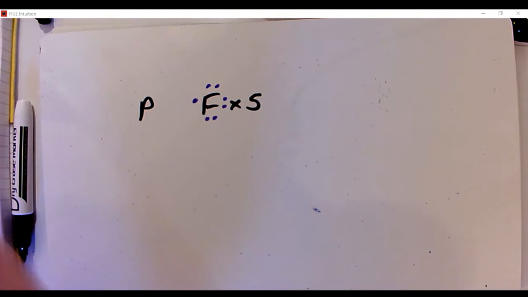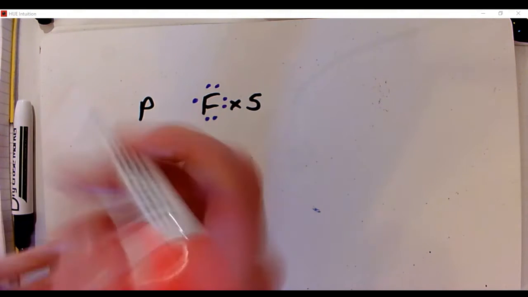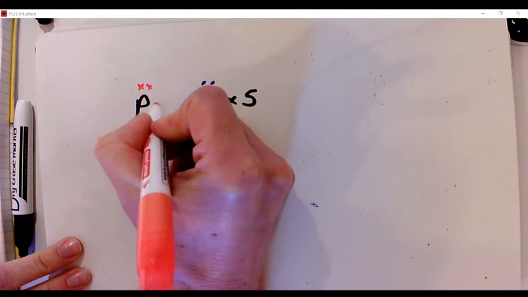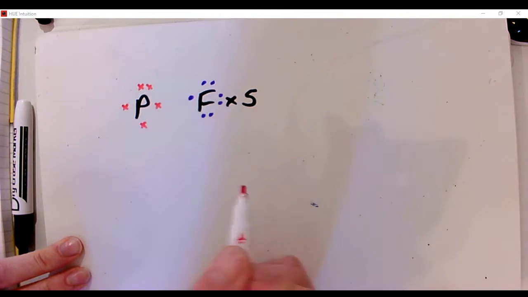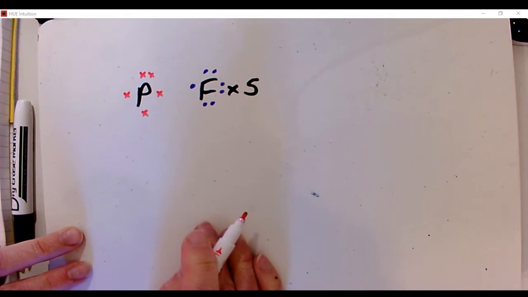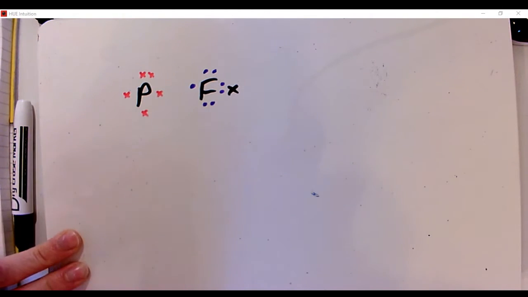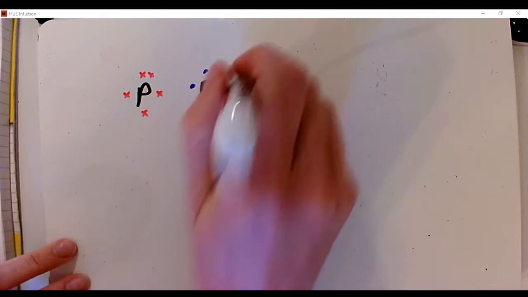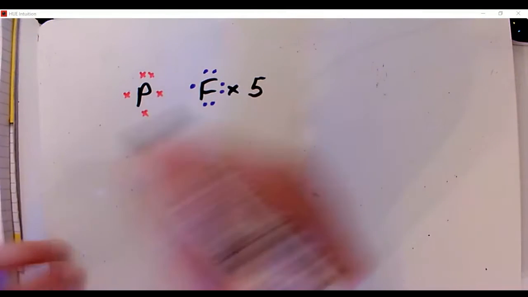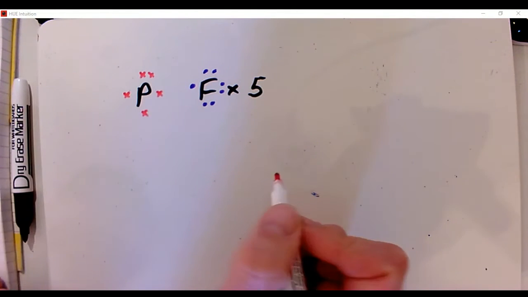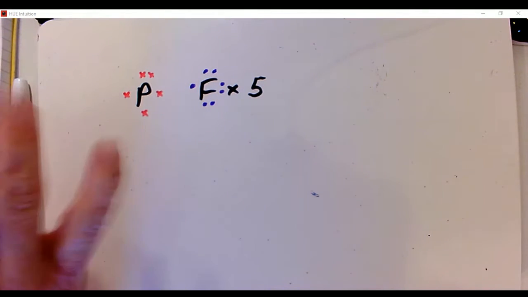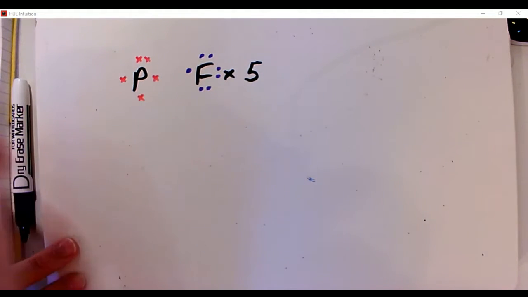And phosphorus here is XX. Now, you might think, okay, it's got 3 unpaired electrons, true. This time, it's going to form 5 single covalent bonds to the fluorines. Fluorine is very bossy, if you like, as a bonder. It will force atoms to have more than 8 electrons in their outer shell in the end.